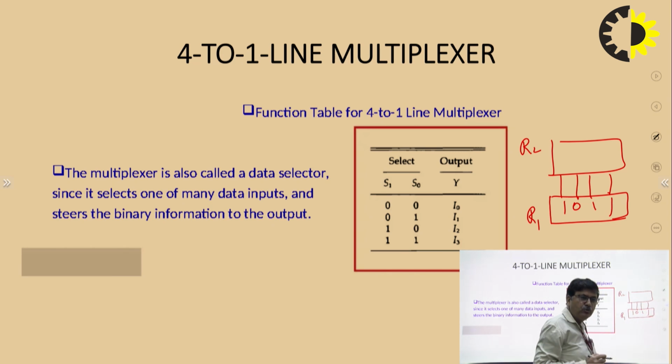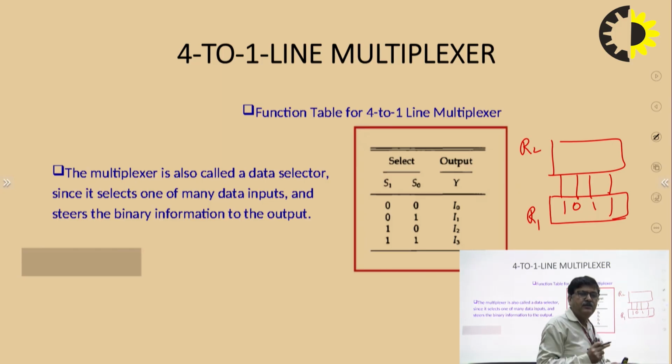But in a computer, there are a lot of registers. If there are 4 registers of 4 bits, then 4 lines are required. If it is an 8-bit register, then 8 lines are required, and for register-to-register transfer from one register to another, there is a massive, complex circuit.